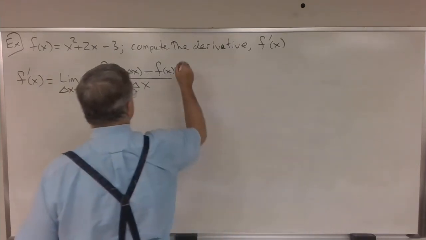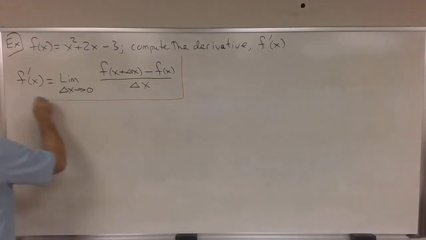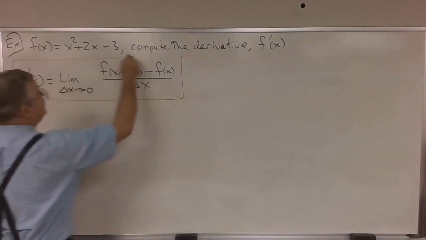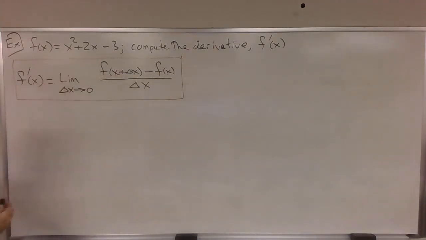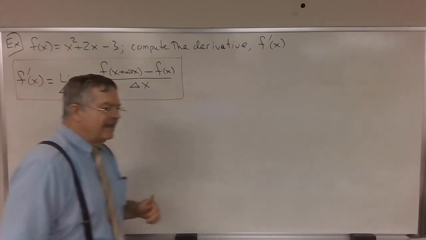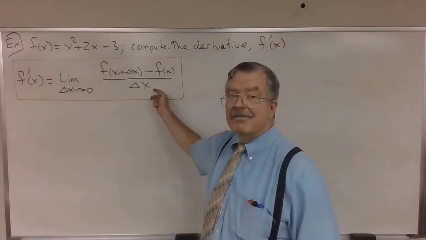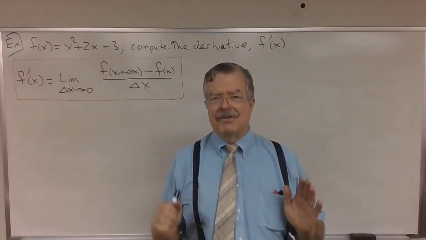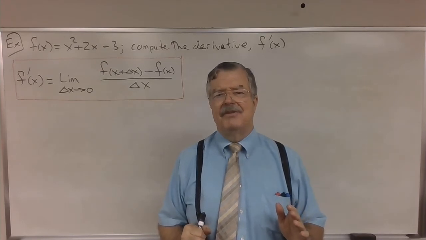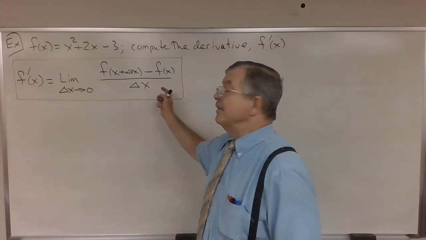This is something that we definitely want to commit to memory. And as bad as my memory is sometimes, even I have this committed to memory. It's just one of those things that if we know calculus, we should know.